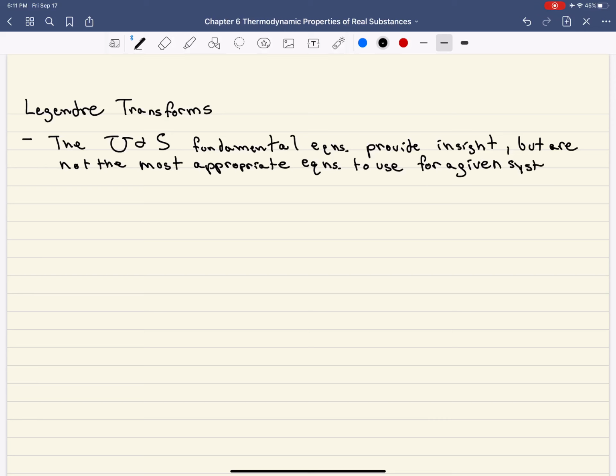And essentially, we can't really directly measure dU or dS, right? Okay?